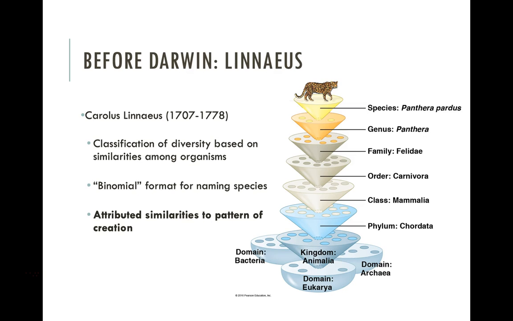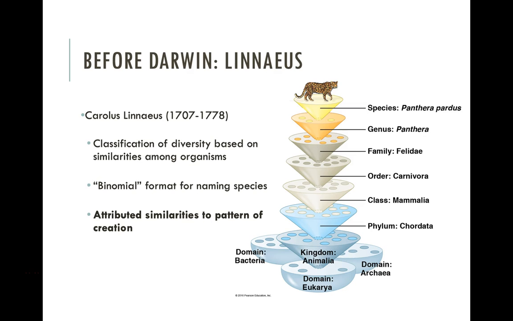Our species would be sapiens. And all living things are named that way still today. So Carolus Linnaeus attributed these similarities to creation. He wasn't really trying to explain or give a reason for their diversity or why they were similar. He was saying that they were created this way, but I'm going to categorize them for you.